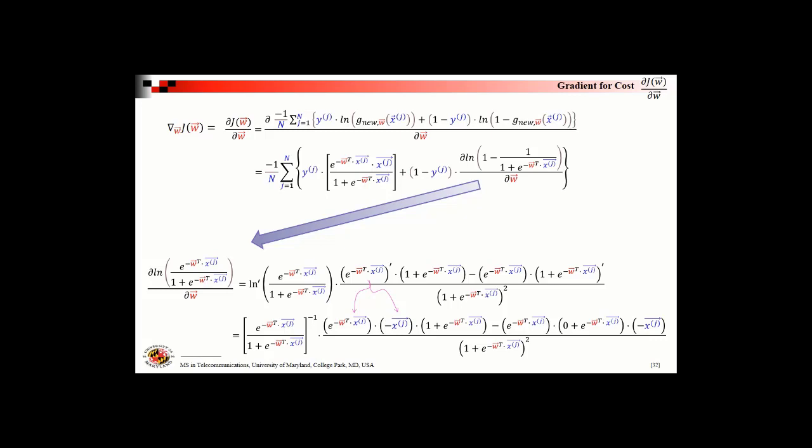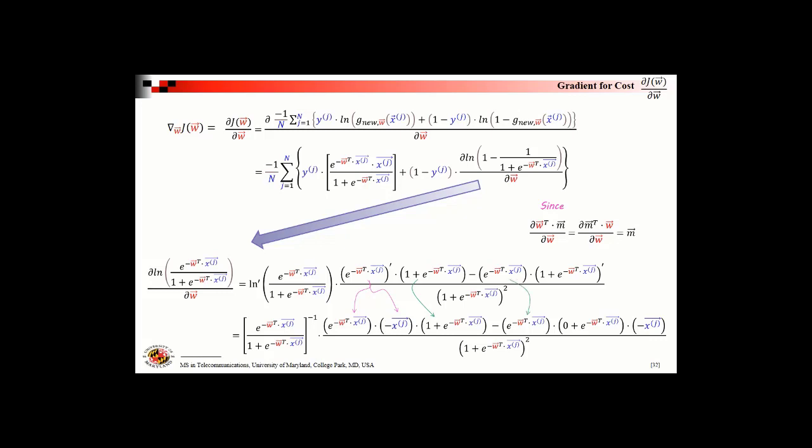And then you have to multiply that by the derivative of minus w transpose x, which we get as minus x, since we already talked about this before, that when you take the derivative with respect to w of w transpose m, you just get the constant m vector, which in our case is the blue x. Then the denominator, nothing happened to it on the first term, so we just copy that over straight.